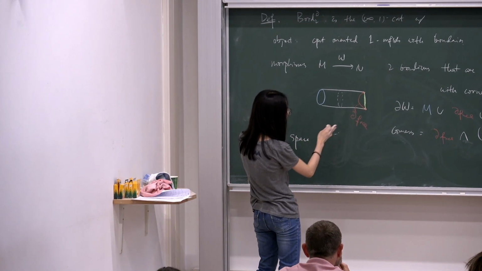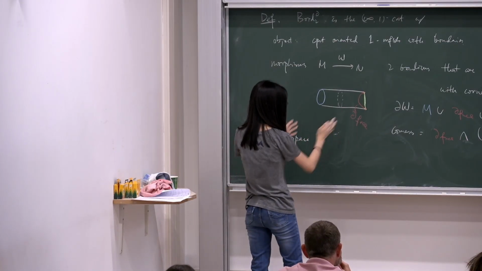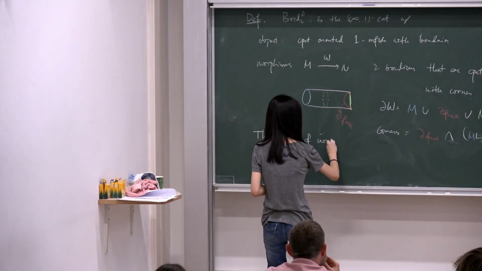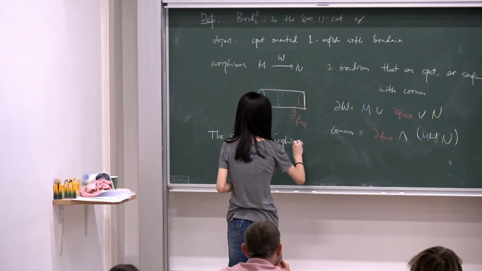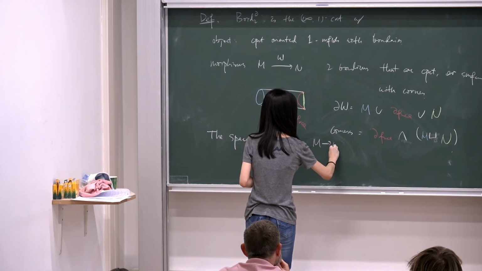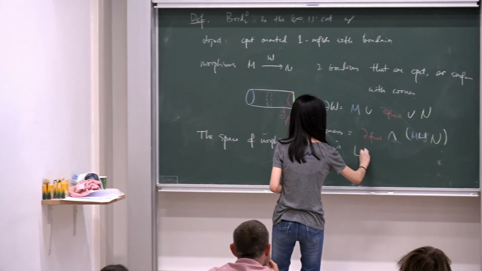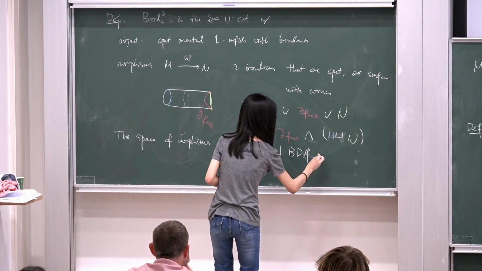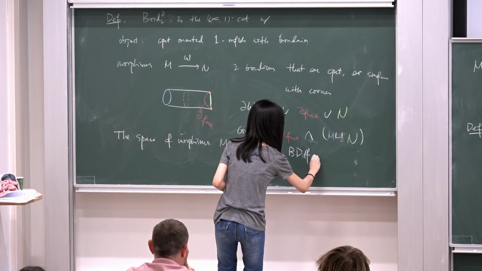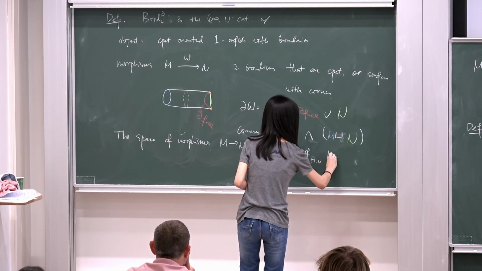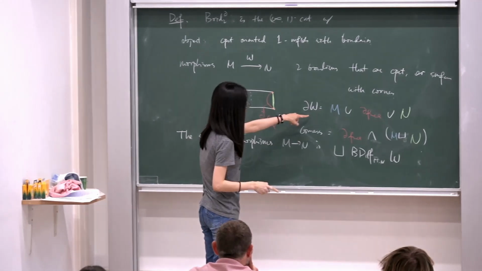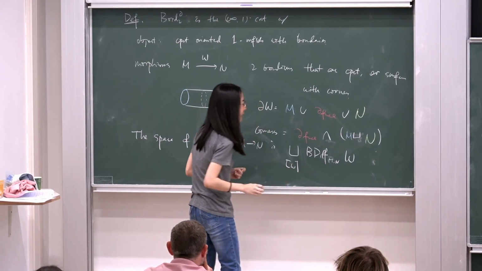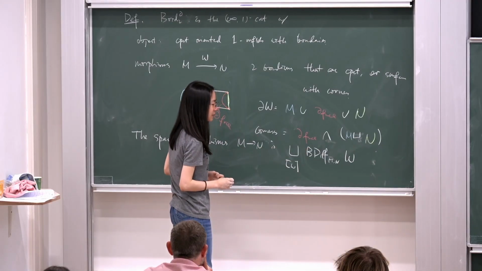And the space of morphisms, a point in the space of morphisms, is a particular two bordism. So the space of morphisms from M to N is given by the disjoint union of the moduli spaces B Diff partial M N of W. So for any diffeomorphism class of W that fixes the boundary M and N, we have a path component here.